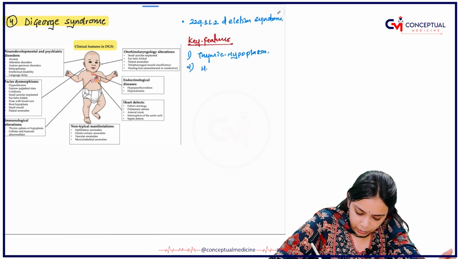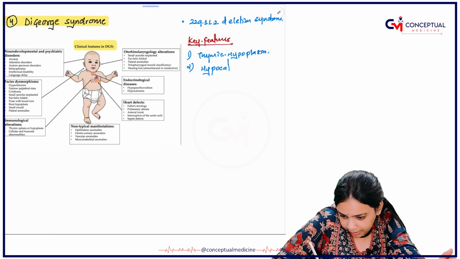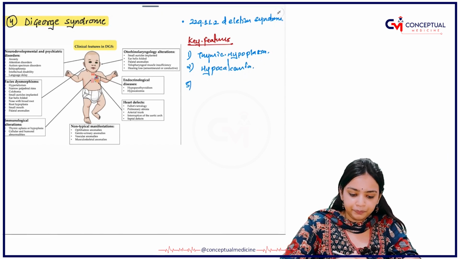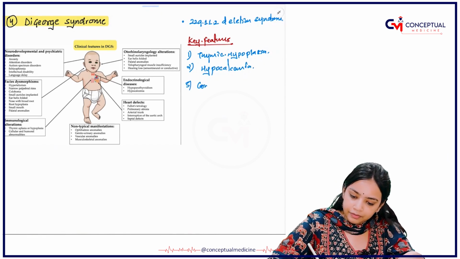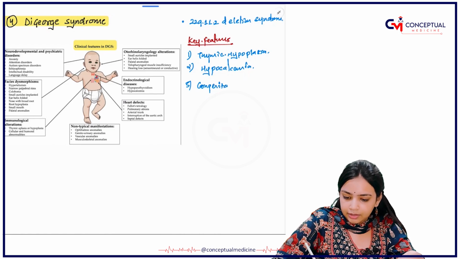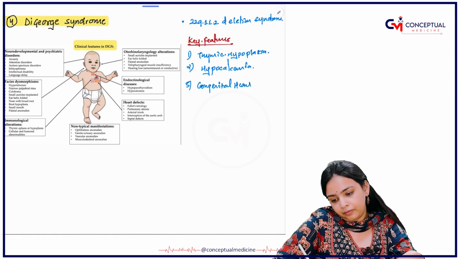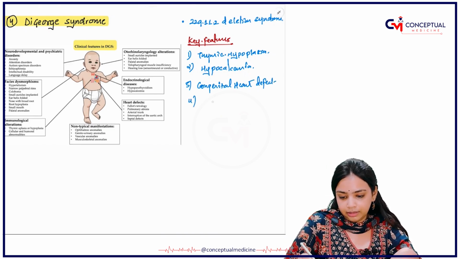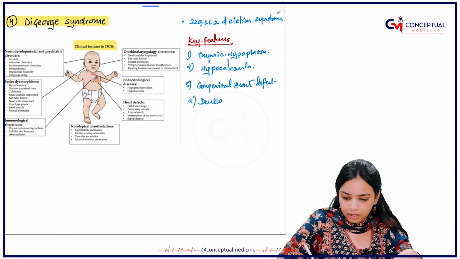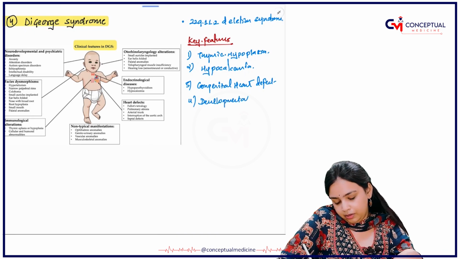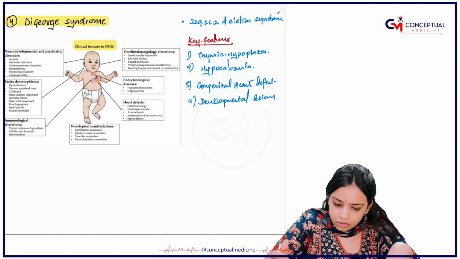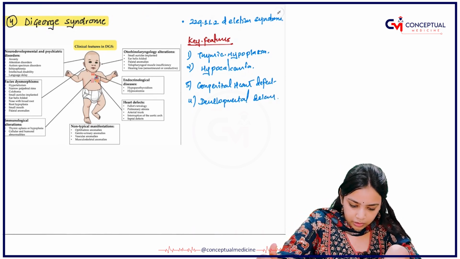Next one can be your hypocalcemia. Third one can be your congenital heart defect. And the fourth one can be your developmental delay. Okay, so these are basically the key features which you need to keep in mind.